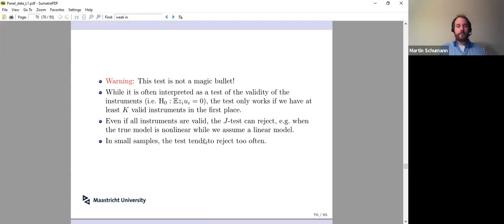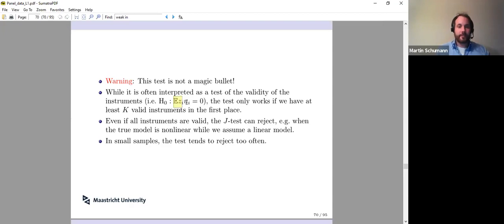Now, this sounds very good. This is the interpretation that people normally have, right? The J test is normally interpreted as a test of the instruments. People think that the J test tests whether all the Z's are uncorrelated with the model error. Now, this is of course partially true.